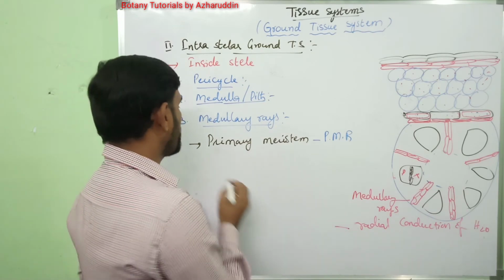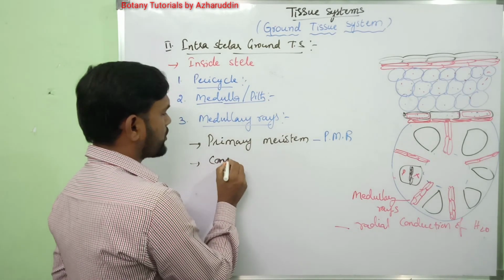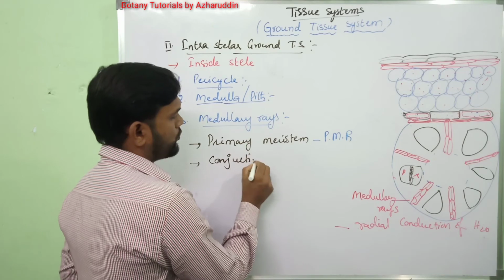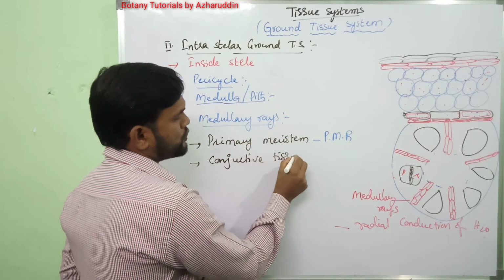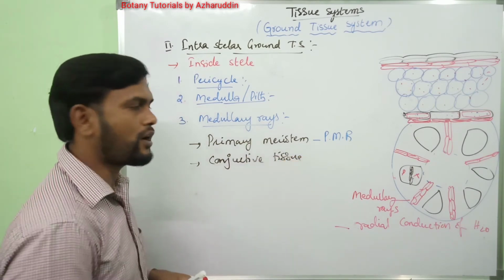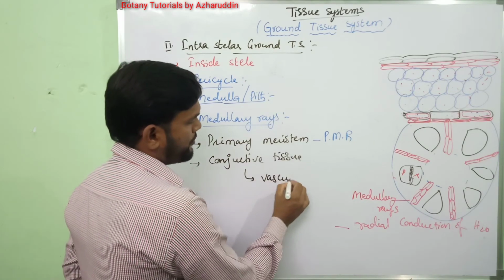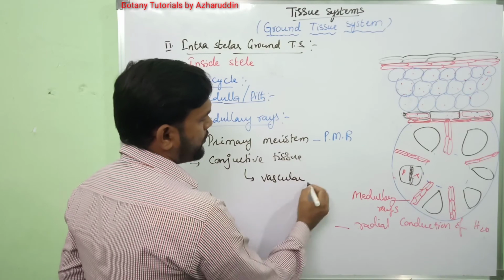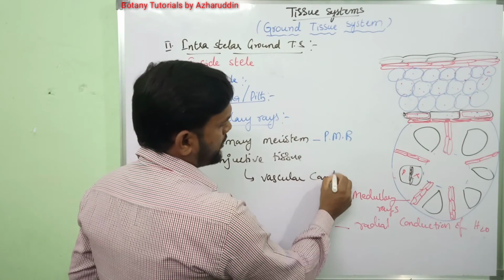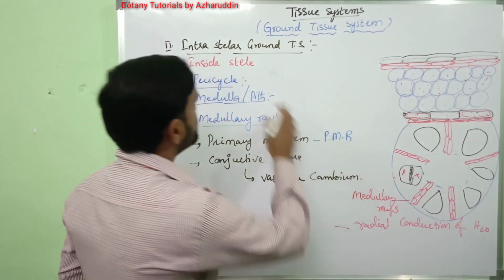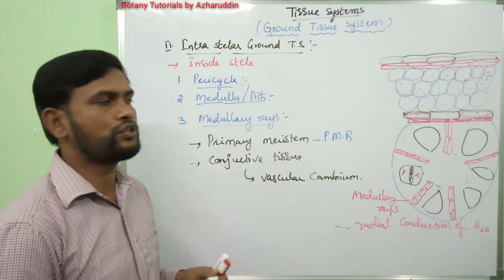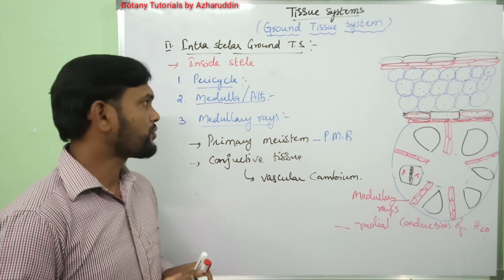That is called conjunctive tissue. This conjunctive tissue is useful for the formation of vascular cambium. This is about the intrastellar ground tissue system, right?